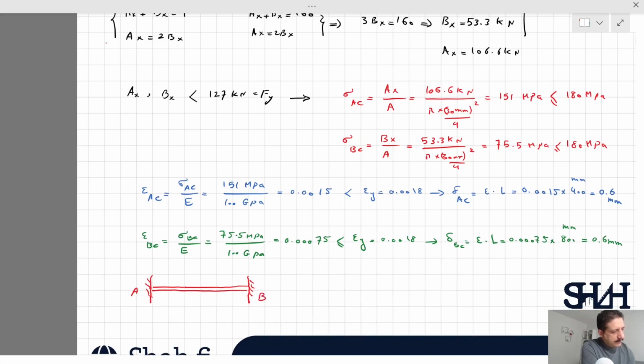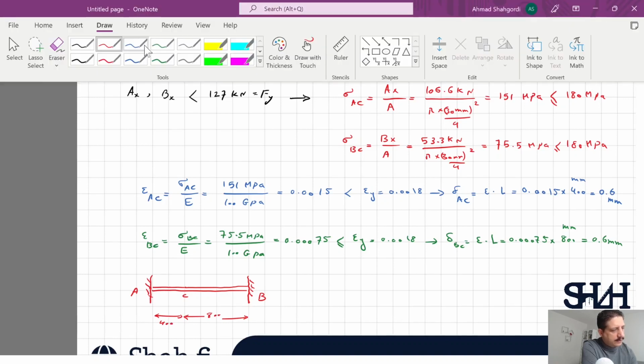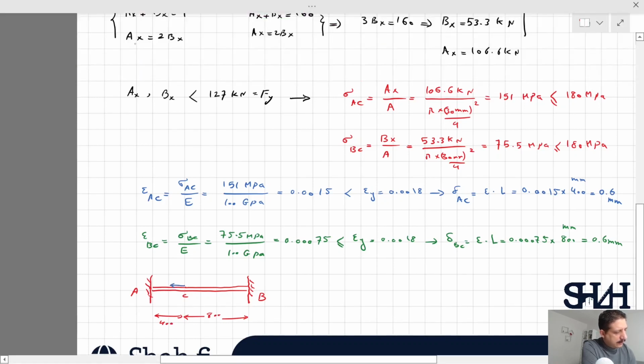A and B, and this point is 800 millimeter, 400 millimeter, and we apply the load up to 160 megapascal, and point C would move towards the left for 0.6 millimeter.